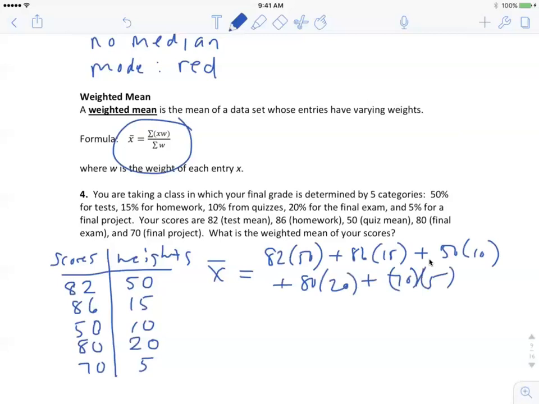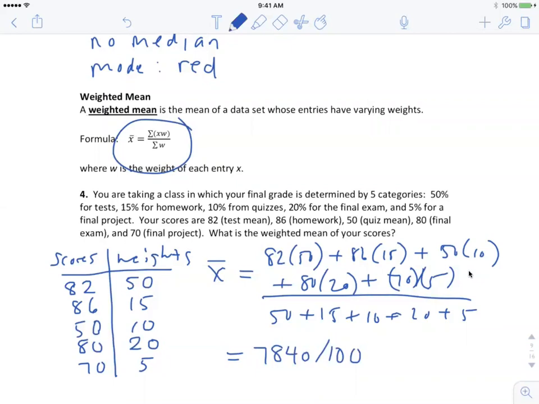Okay, that got a little sloppy, but I'm multiplying all the pairs together. That's my numerator. And then I'm going to divide that by the sum of the weights: 50 plus 15 plus 10 plus 20 plus 5. Okay, let's try that now and see what we get.